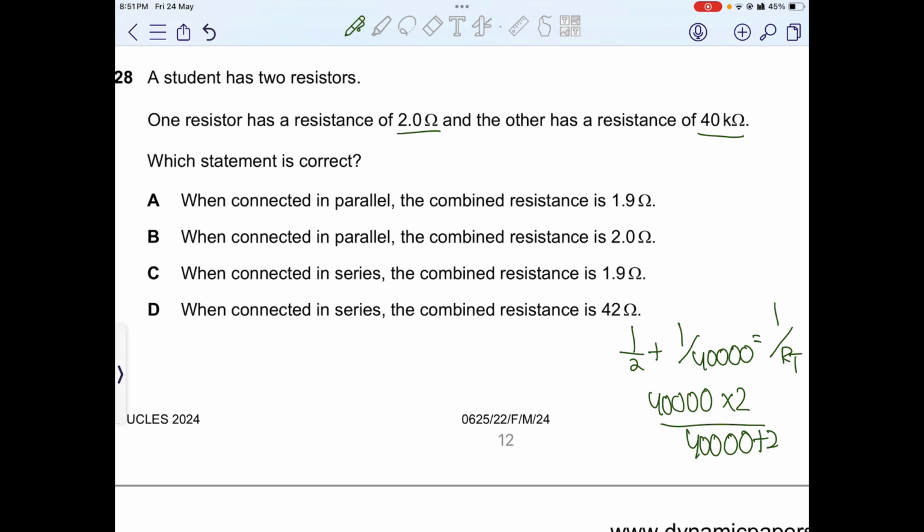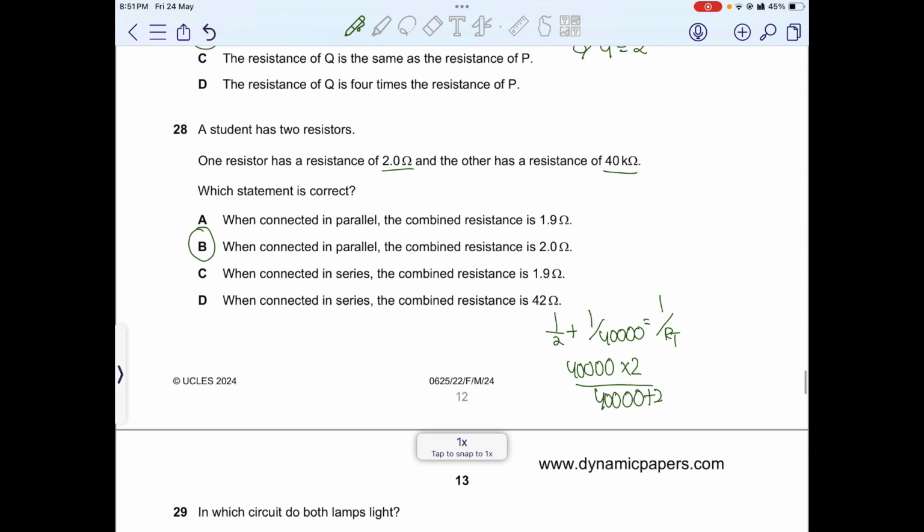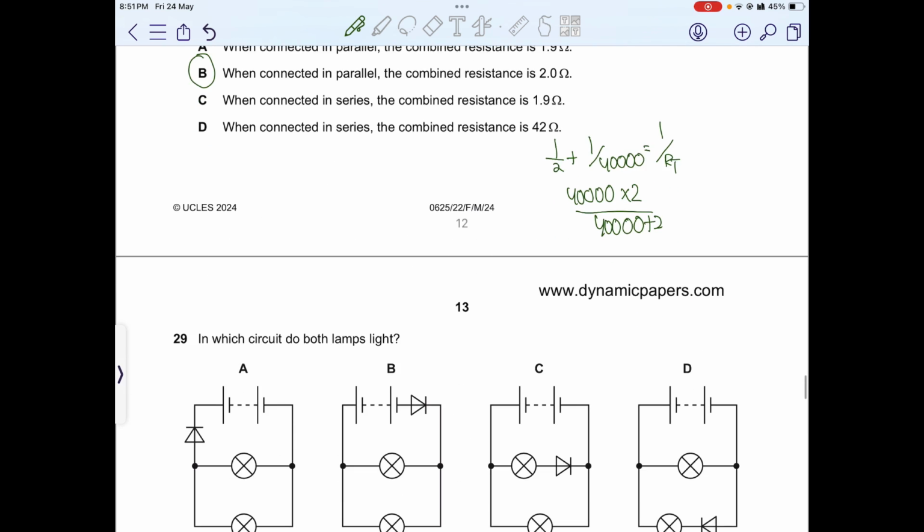That gives us 1.999, which could be rounded off to 2. So there's an option which says when connected in parallel, the combined resistance is 2, and therefore B would be correct. You can also check for series. When you combine them in series, they would be added, so it would be 40,002. None of the options is given here.